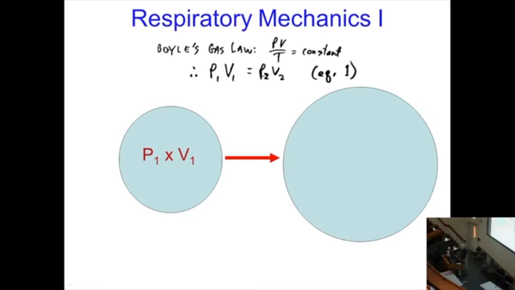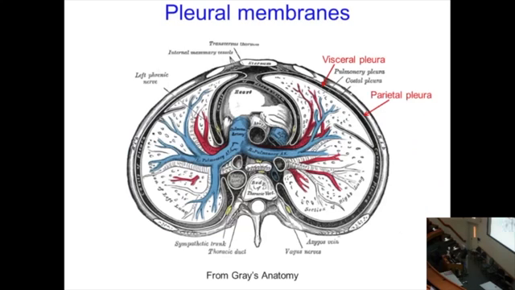Decrease, right. Because pressure times volume is constant, so if we increase the volume, we have to decrease the pressure. Okay, so if we want to decrease the pressure in our lungs to get air to flow into them, we need to increase the volume of the thoracic cavity.